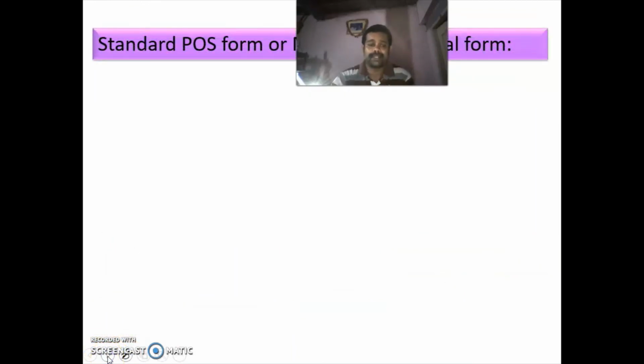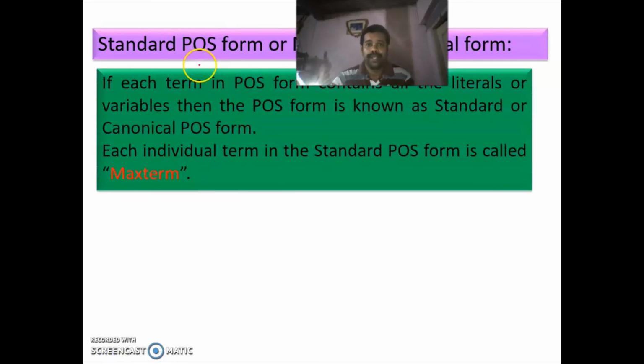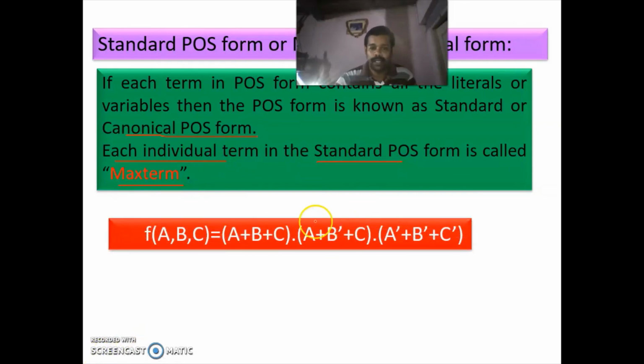Next, max term. If each term in the POS form contains all the literals or variables, then it is in standard canonical POS form, and each individual term in the standard POS is called max term. Now this is a POS because here some terms are ANDed together.